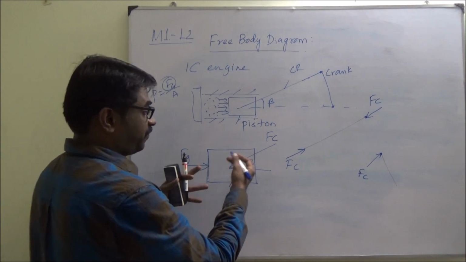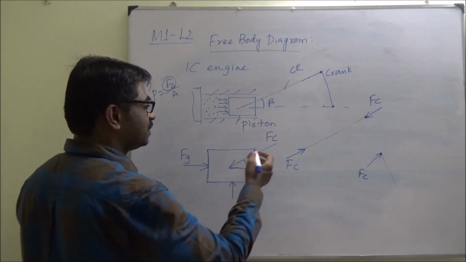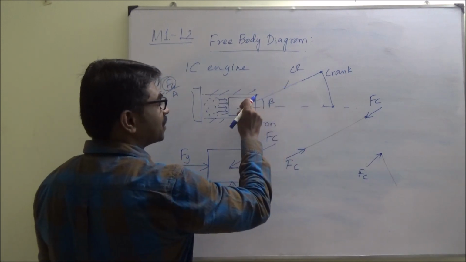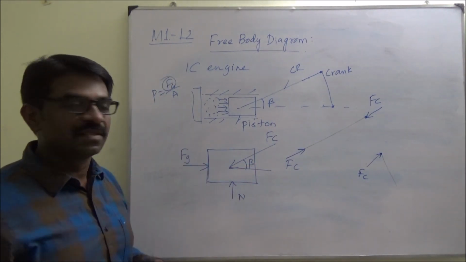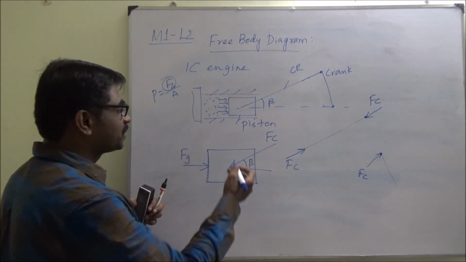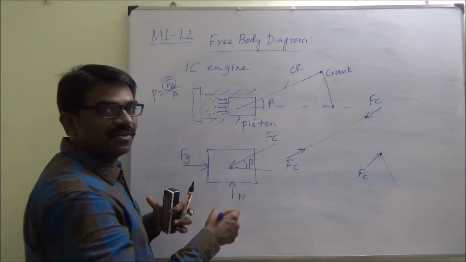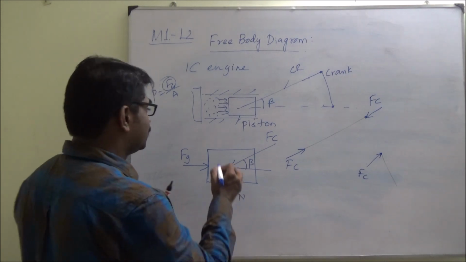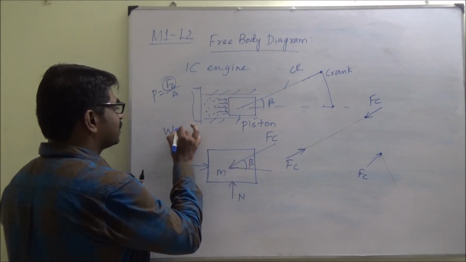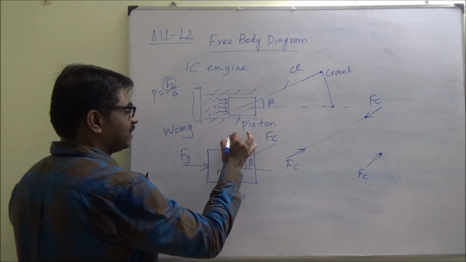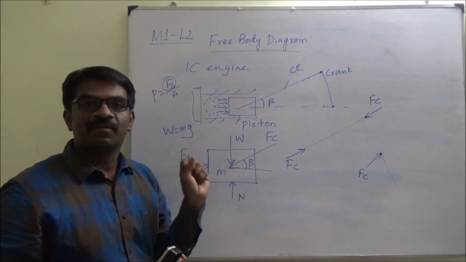Also, if the mass is huge, you need to consider the mass, or the connecting rod masses are lumped here and here, that we will understand in the mechanics of machinery course. If I have to consider the mass, the weight is a force. If it has some mass m, then the weight is m into g, that I have to put here. This completes the free body diagram.